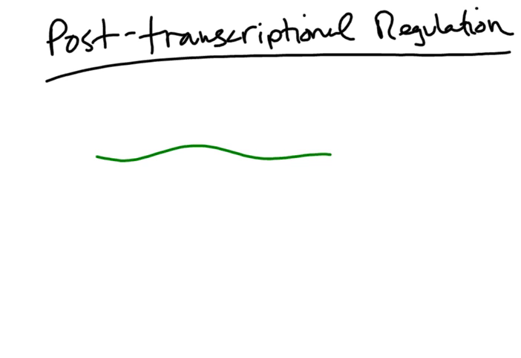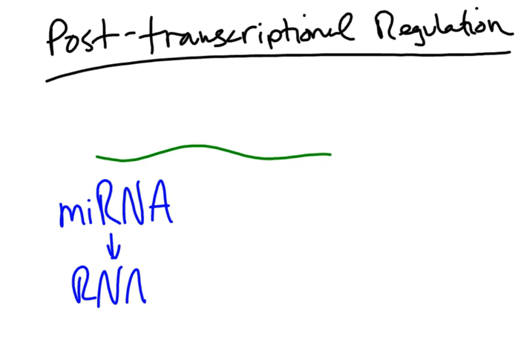There are a couple of key factors involved, and the best way to put it is stopping this mRNA from ever reaching a ribosome. The two regulators that we're going to focus on are miRNA, which stands for microRNA, which is related to a process called RNAi, or RNA interference.